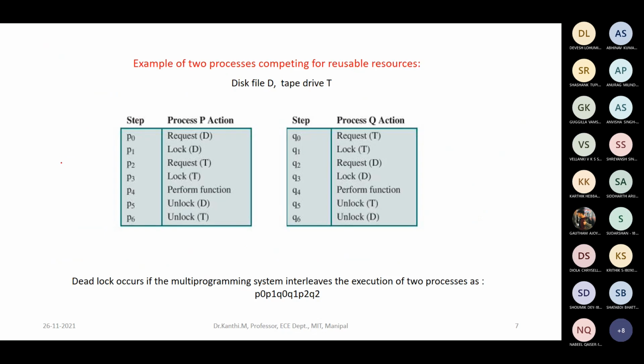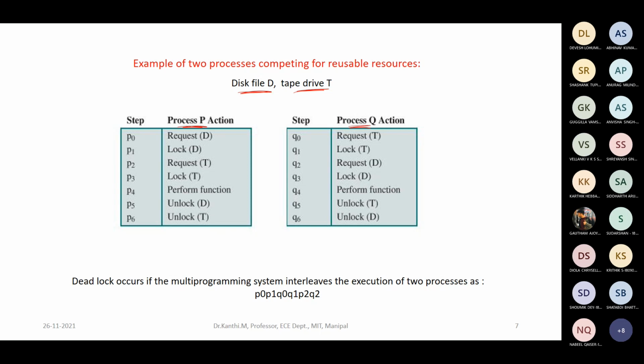So now let us take an example of two processes competing for reusable resources, say disk file and tape drive. Let us take a sequence of execution for process P and process Q. So always we give an example of two processes, any kind of situation.